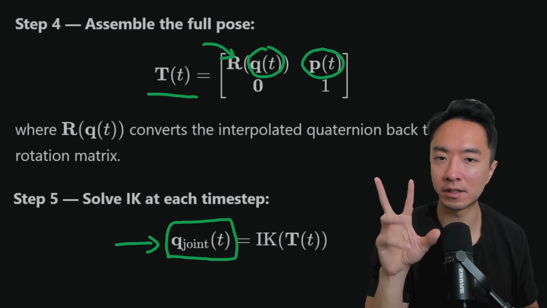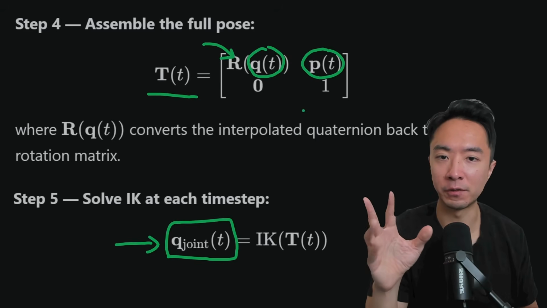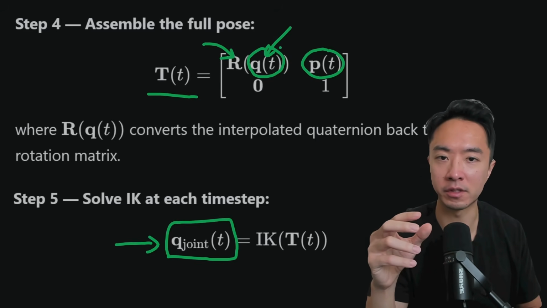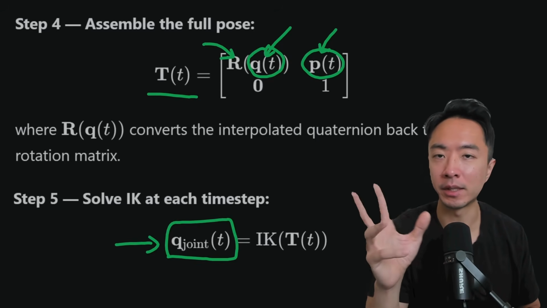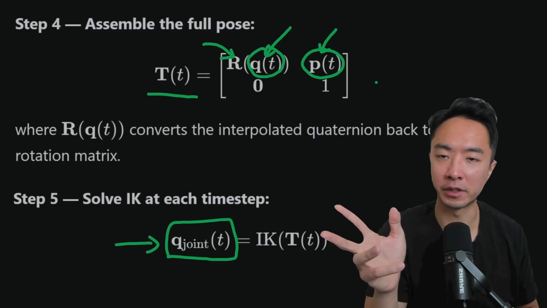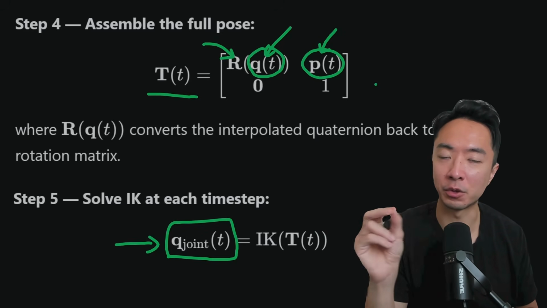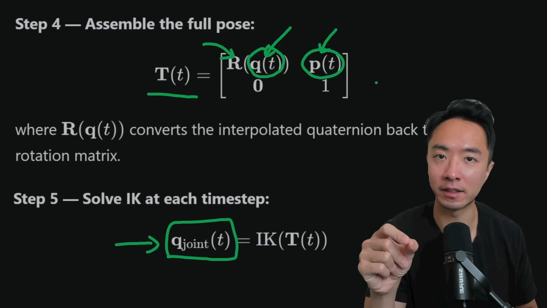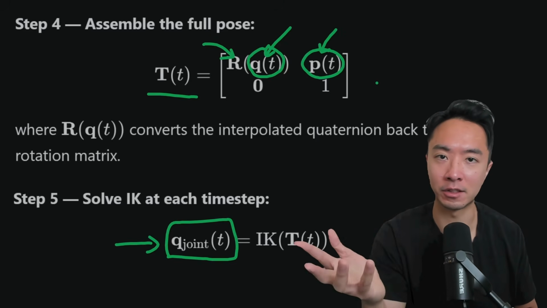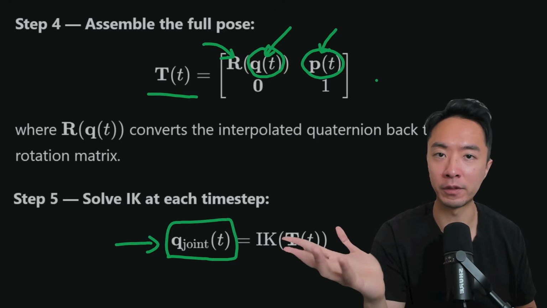But at least what this equation does, finding the key parts, which is the Q of t and P of t, the position and orientation, is that now we have actual positions and orientations that guarantee these velocity and acceleration conditions that we've imposed.